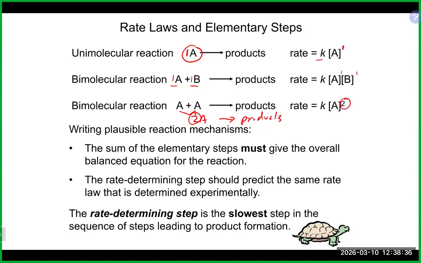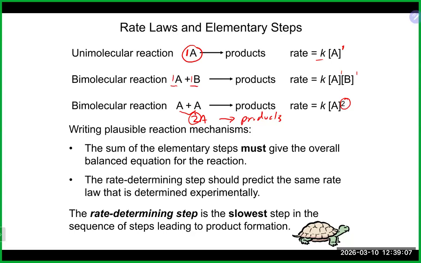So what is the idea behind this? There are a few different types of mechanism problems. In order for a mechanism to be plausible, a good mechanism, there are a few things that have to happen. The first, very simple thing is if you have a bunch of individual elementary steps, when you add up all those steps together and cancel out everything that needs to be canceled, you should be left with the equation you're looking at.